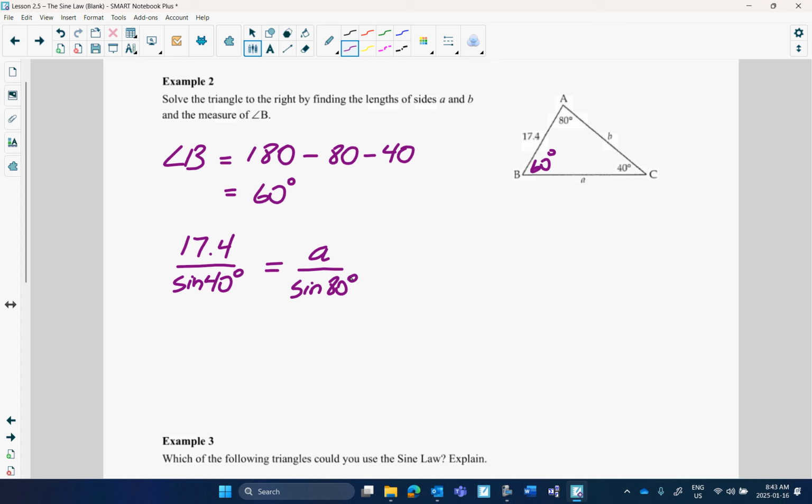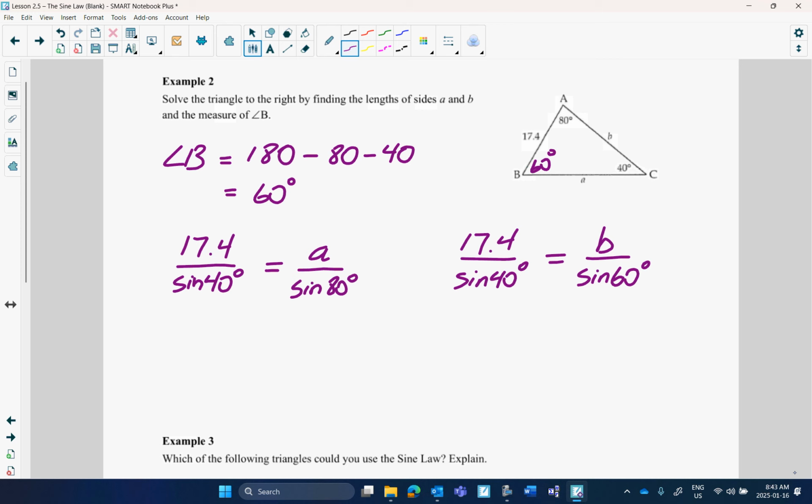To find b, I'm going to use the same 17.4 over sine 40, the known side and known angle opposite, equals little b over the sine of its angle opposite, which we already found to be 60. So those are two equations to find little a and little b.